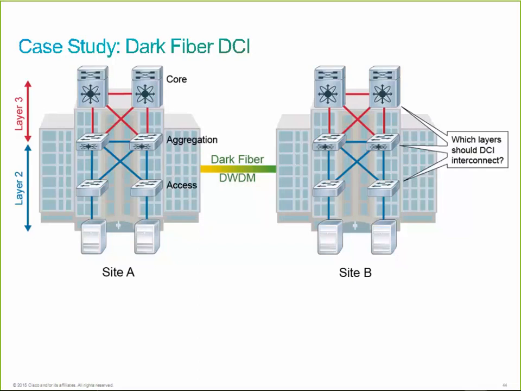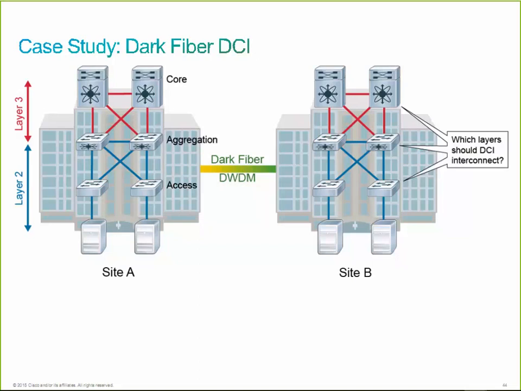DWDM is a technology that multiplexes a lot of OC signals, right, optical carrier signals, into a single fiber by using different wavelengths of light, right? Dense wave division multiplexing is what it stands for. So it gives you access to the media layer with lots of point-to-point physical layers, but each is built or facilitated on a different wavelength of that optical link. So lots of frequencies of light, all right?